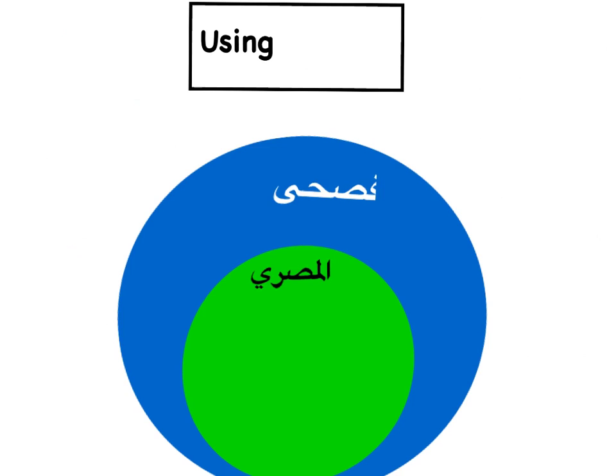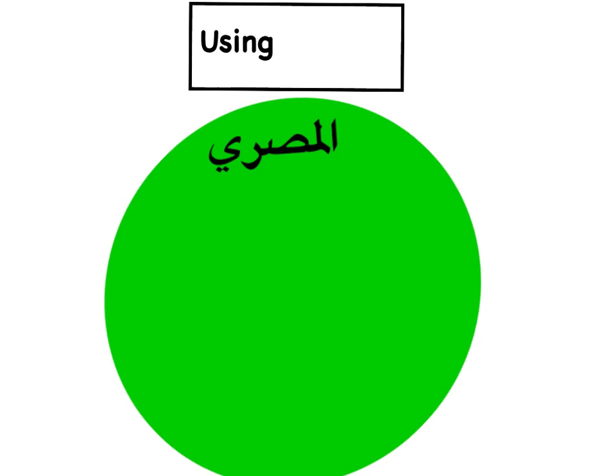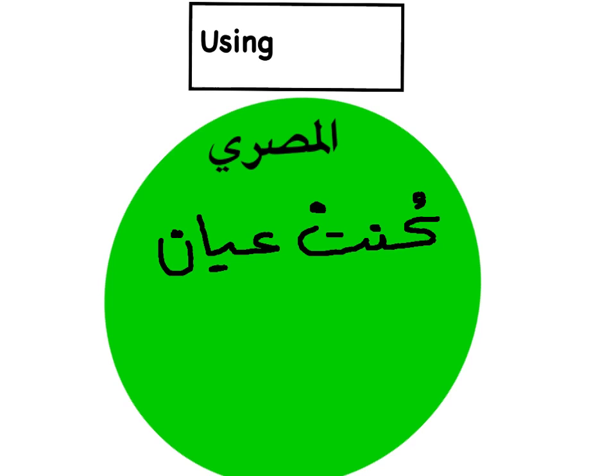Enjoy! Let's look at some examples of how to use Kaana. So for example, if you want to give an excuse to someone, you can say in Masri, أنا كنت عيان. عيان meaning sick. So أنا كنت عيان عشان كده ما قدرتش أجي دوام. I was sick, that's why I couldn't come to class, and that's sukoon.